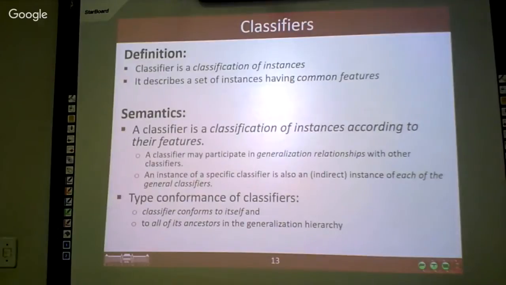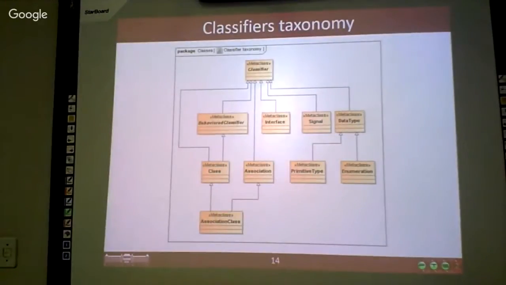But why did I start to talk about this? If you see this diagram, at the top level we have the classifier, and every other thing, such as interfaces, signals, data types, classes, associations, primitive types, and enumerations, is related to this classifier.